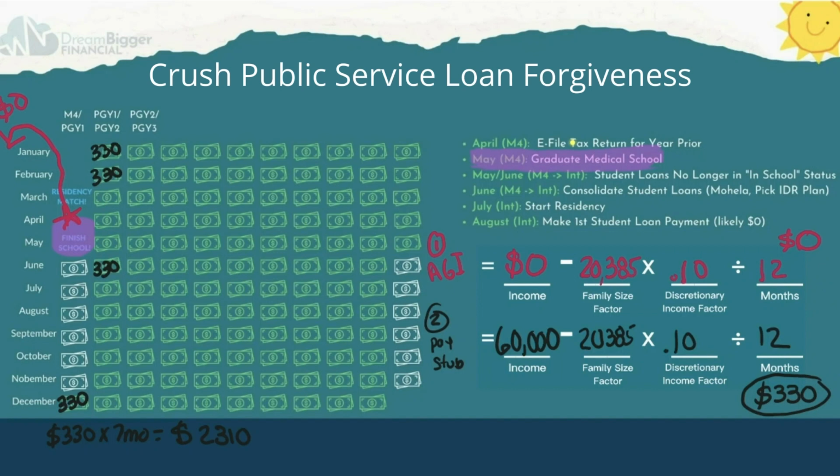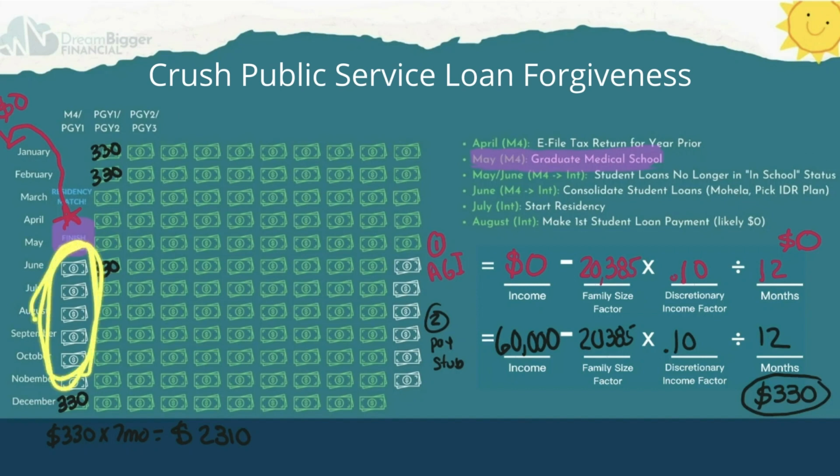So let's take that and supercharge it even further. And recall that your top priority when enrolling in public service loan forgiveness is to consolidate your student loans as soon as your loans flip out of in-school status. And when you consolidate your student loans, what you are doing is triggering your first payment to happen sooner than the 6-month grace period.